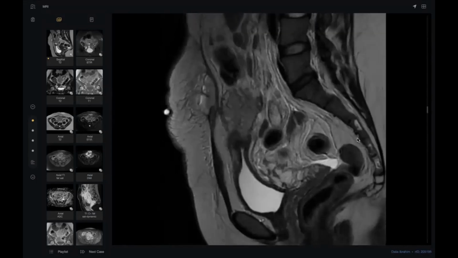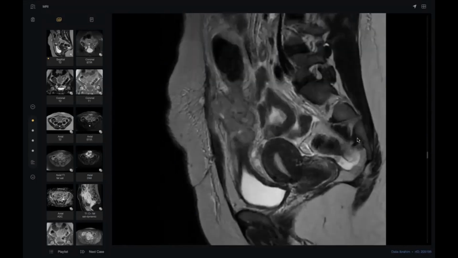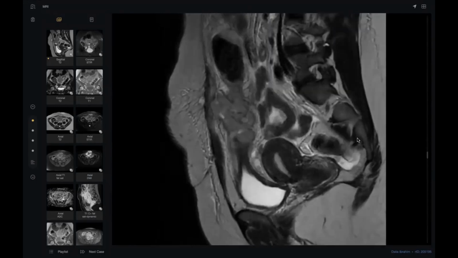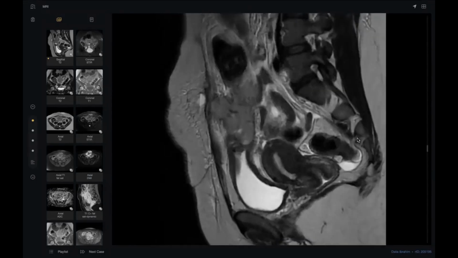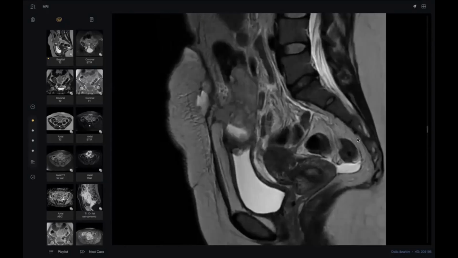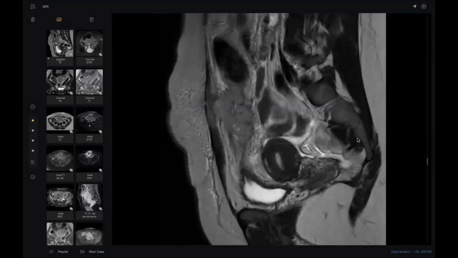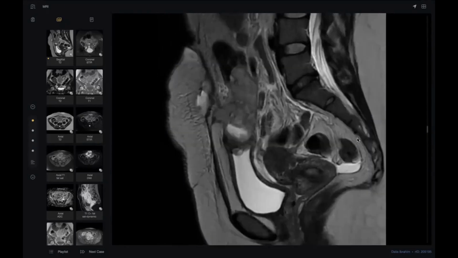I'm provided with the T2 sagittal images of the MRI, in which I can appreciate a lobulated soft tissue intensity mass, which is low on T1, and it is adjacent to the uterine fundus, and superiorly it is reaching up to the level of umbilicus. It has surrounding perilesional fat stranding, and it is abutting the adjacent bowel loops. The uterus is anteverted and normal size.